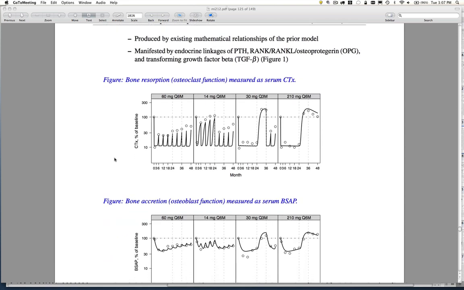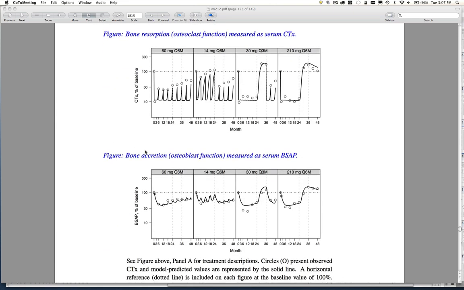When we then compare, this is showing a few more dose groups than we were looking at in the figure above. For the prediction of CTX, which is the measure for bone resorption or osteoclast function, we can see that the model is in fact predicting, maybe even under-predicting a little bit, the inherent rebound in that response.